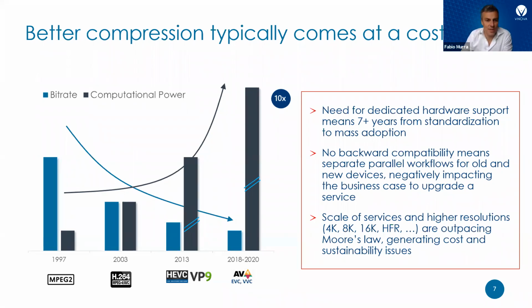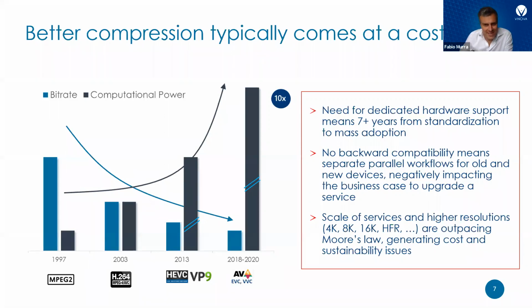Roughly, the bandwidth requirements have largely halved over the course of the different generations, while computational requirements have multiplied by orders of magnitude, to the point that VVC today is about 10x the computational intensity of HEVC, which itself was 3-4x versus AVC, and so forth.